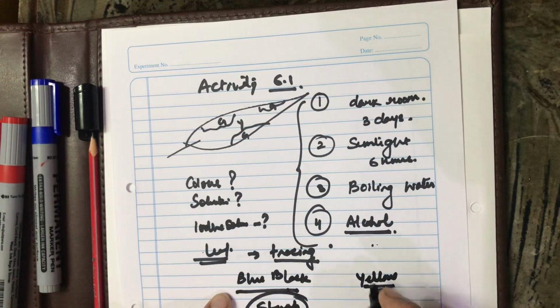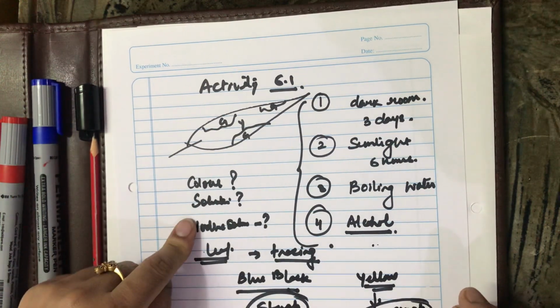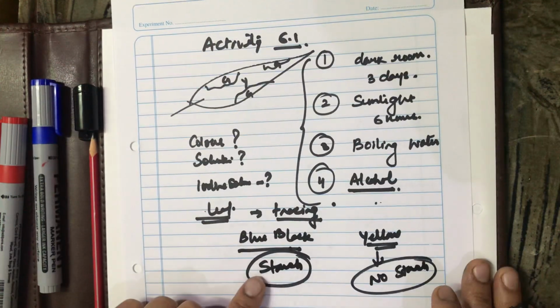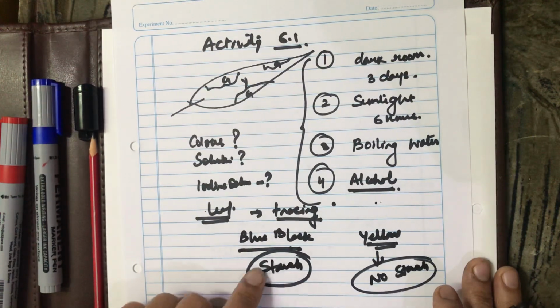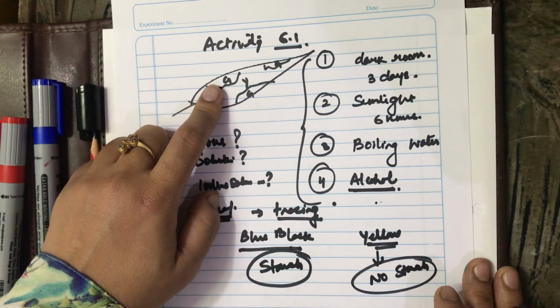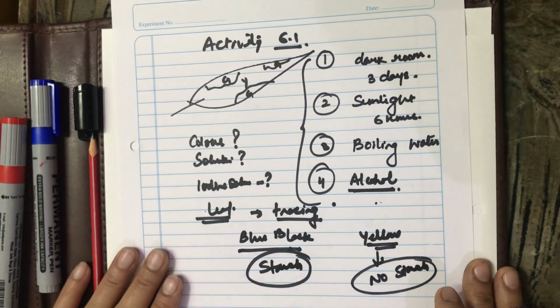And the yellow one, because there is no starch, so automatically it will not perform any photosynthesis and no iodine test at all for it. The starch that we are talking about here is all because of the chlorophyll which is present in the green region. So only chlorophyll produces starch which is stored in the plant itself.